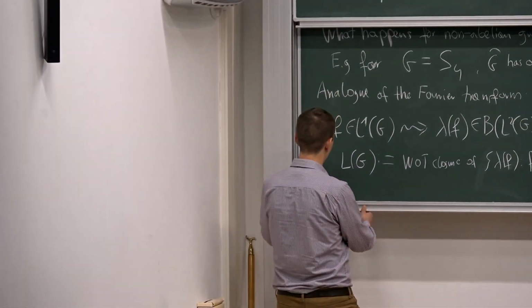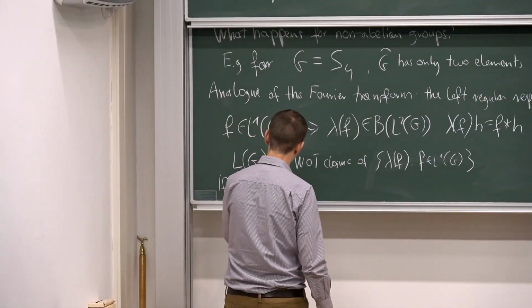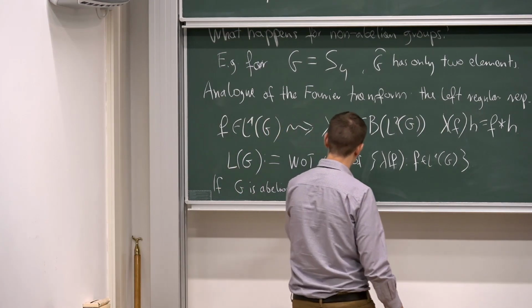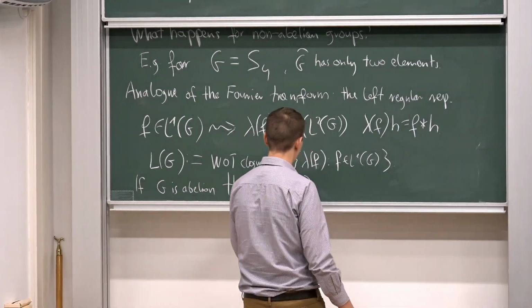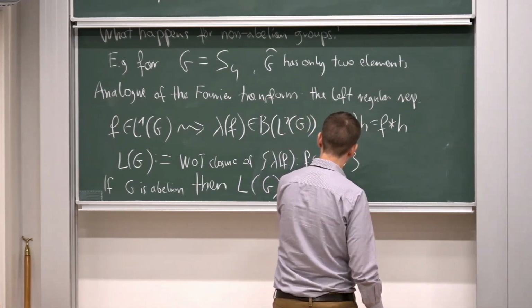Okay, and then if G is abelian, then L of G can be identified with L infinity functions on the Pontryagin dual.